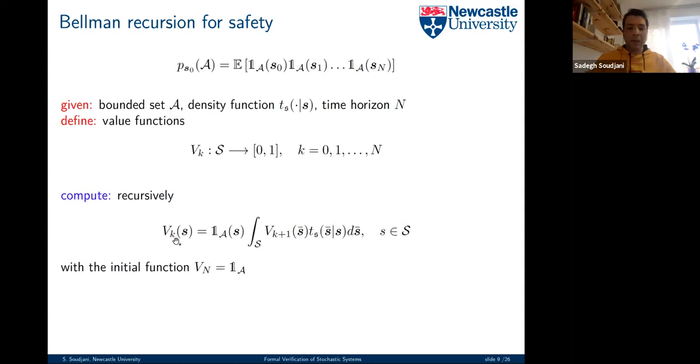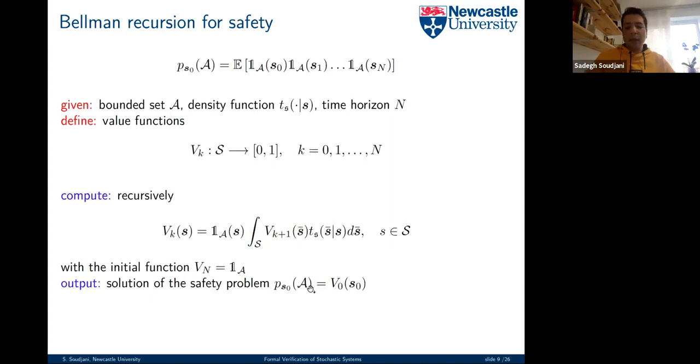And then for the previous one, we take the expectation, including the previous indicator function. This is the previous indicator function, and this is the expectation operator. This is a way of characterizing this, and the output of this procedure would be the value function V0, which gives us exactly the safety probability.